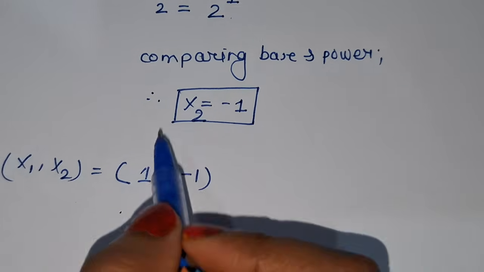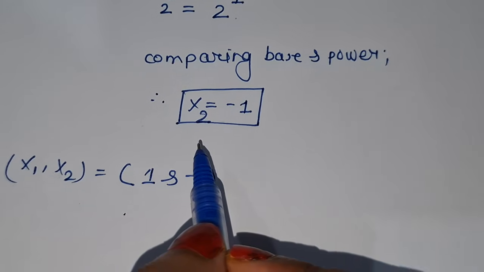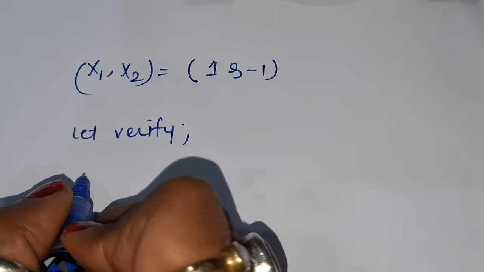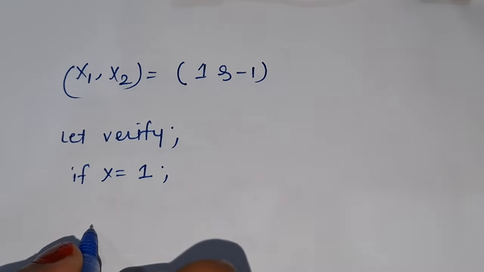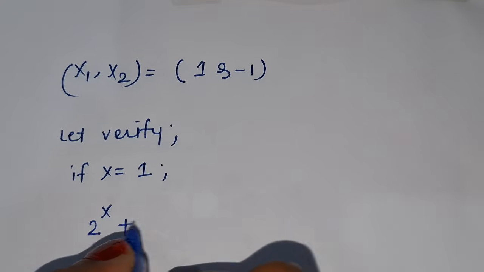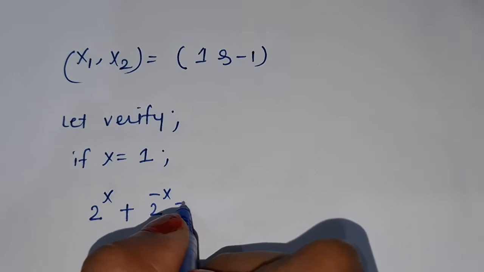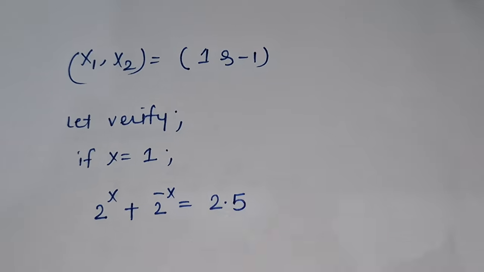Now we have to verify whether this is correct or not. So let's verify this value. If x is equal to 1, the question is 2 power x plus 2 power minus x is equal to 2.5.